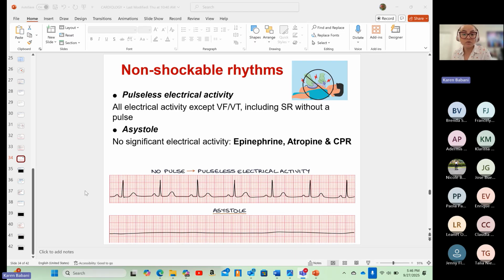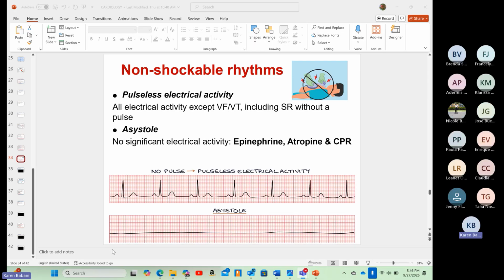You cannot stop your compressions. Like I said, you cannot shock that rhythm. You need to continue and give medication in hopes that you elicit a rhythm that you can shock, like VFib or VTach.